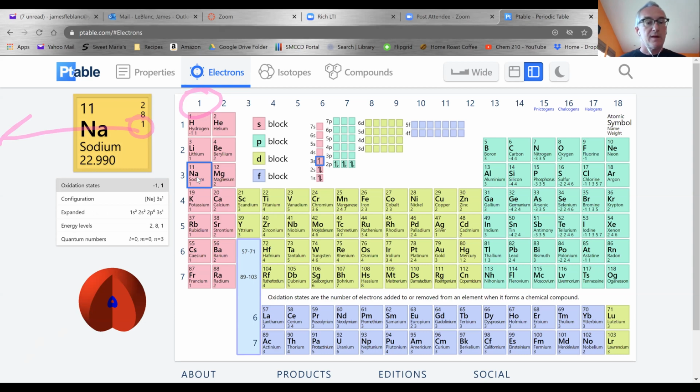So it gives away that electron and becomes positively charged. If it gives away 1 electron, what's its charge? +1, exactly. Now it has 1 more proton than electron, and so its charge is +1.